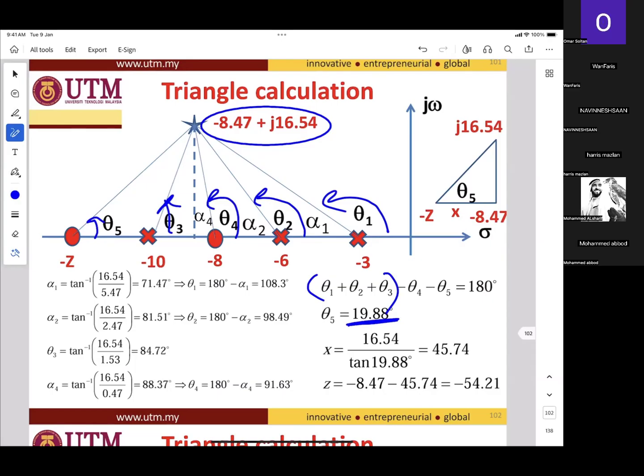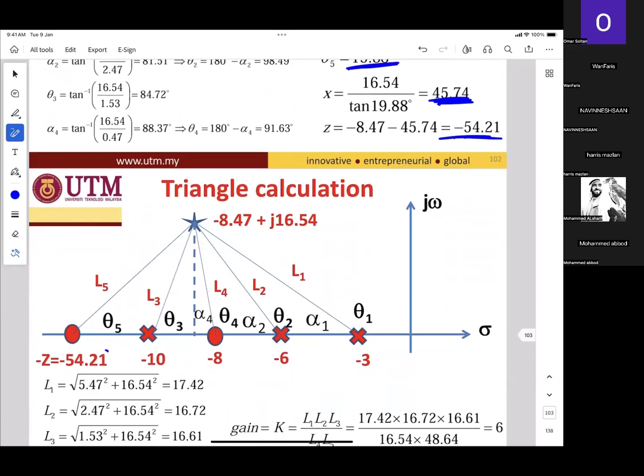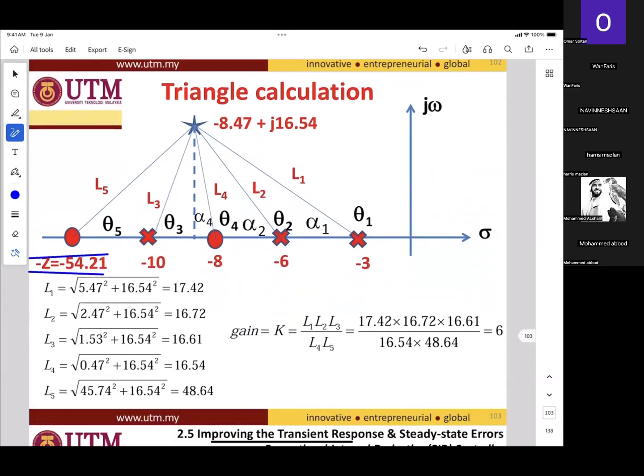Construct the triangle, the theta phi, and then calculate the angle. So you will get 45.74. Then you add, you get minus 54.21, which is here, on the far left of the S-plane. Then calculate the gain.